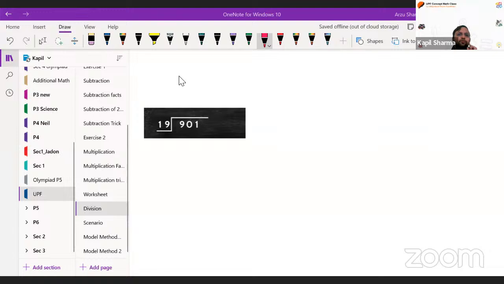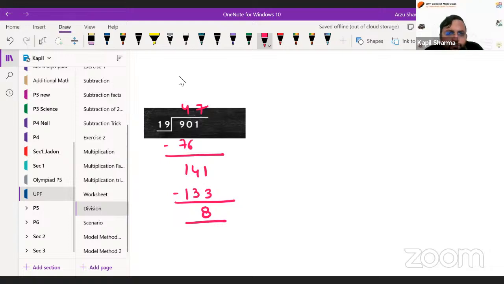So 19 times 4 is 76. Okay, Swastik, fine. Then 19 times 7 is 133. Yeah. So quotient is 47, remainder is 8.